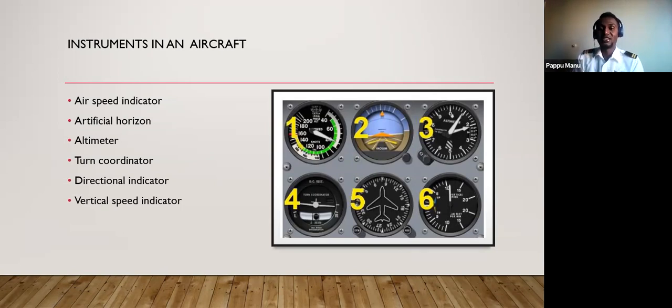Well, the next is the turn coordinator. All right, number 4 is called the turn coordinator. So you can see in the picture, there is a small aircraft and there is a balance ball just underneath the aircraft. There's a small ball in the middle that is called your balance ball, and there is an aircraft on top.